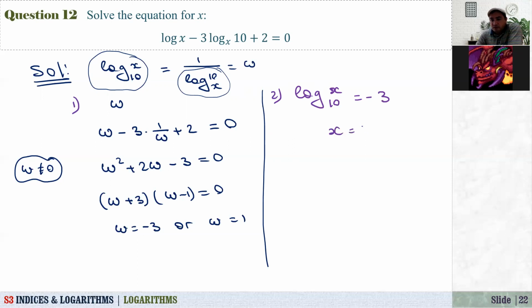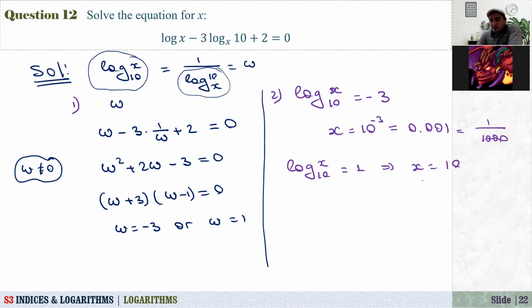From here, x equals 10 to the power of negative 3, which is equal to 0.001, or just 1 over 1,000. And the second one is logarithm of x to the base 10 is equal to 1. So from here, what is x? x equals 10.